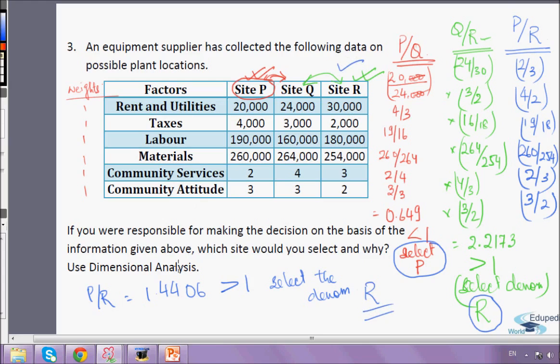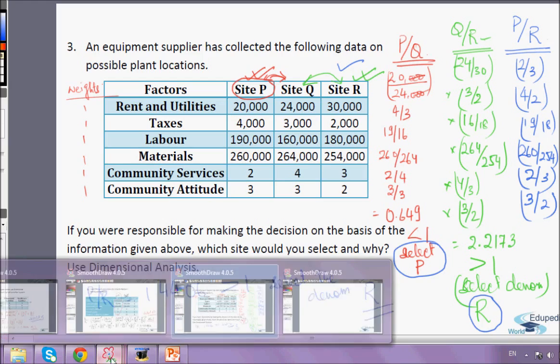Let me summarize the data here for all the 3. First we took the ratio of P by Q, and the value which we got for P by Q is 0.649, which was less than 1.